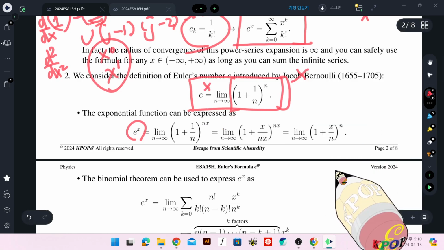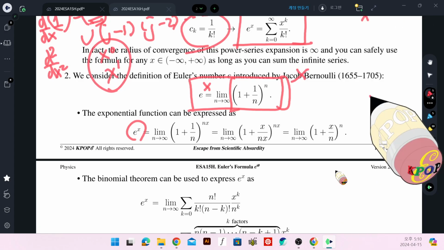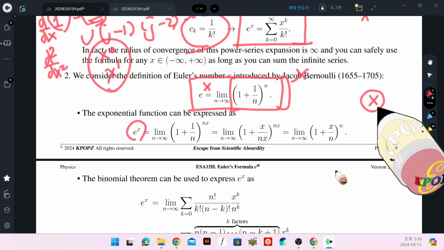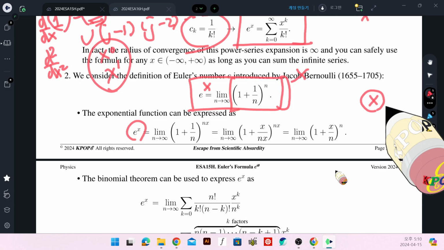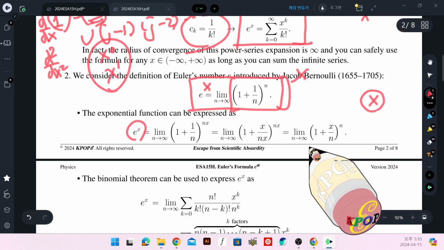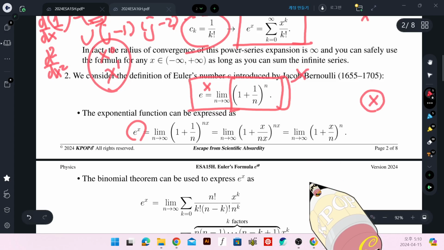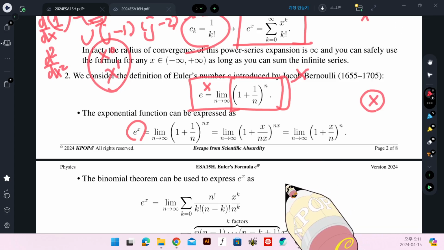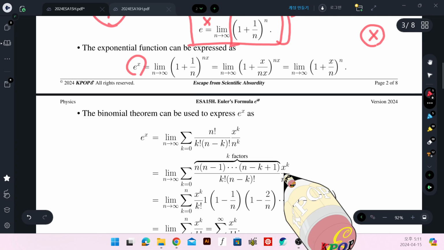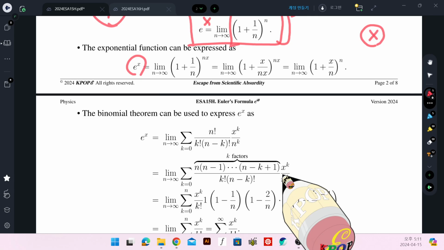For simplicity, we just consider positive x smaller than 1. However, we can extend the region to any arbitrary real number x. In fact, it can also be extended to any complex number. But for the time being, we just consider the simplest case.